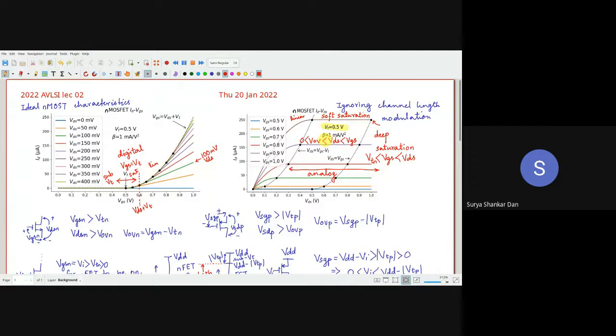But in any practical IC designs, when you are making an op-amp, for example an OTA, operational transconductance amplifier, or designing an oscillator with higher gains, in those cases you will have to design over here. We will look into it later. However, analog IC design means it will always be in the saturation region. Correct? Okay, now let's proceed further.